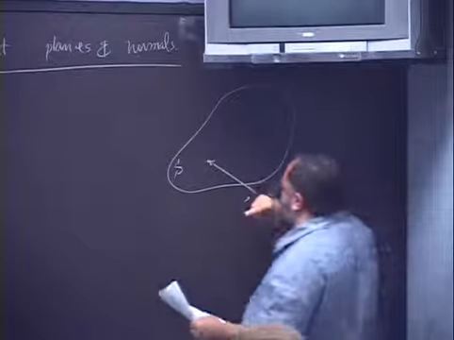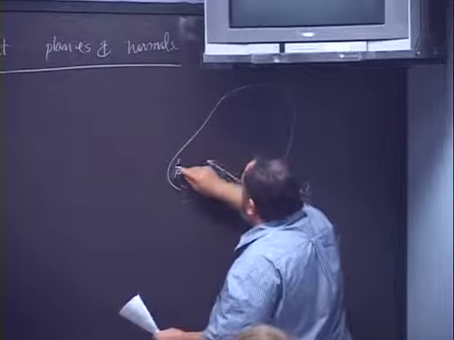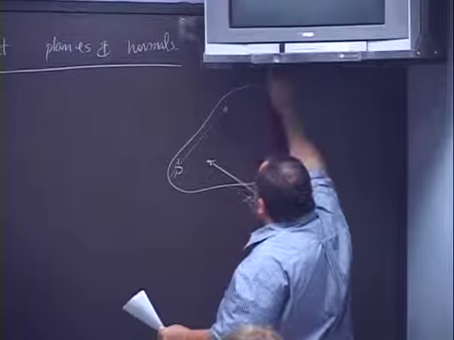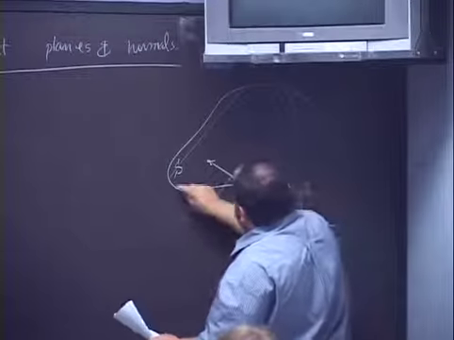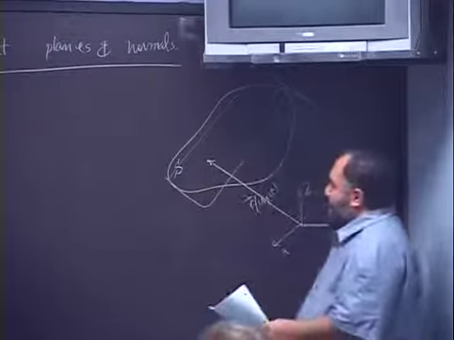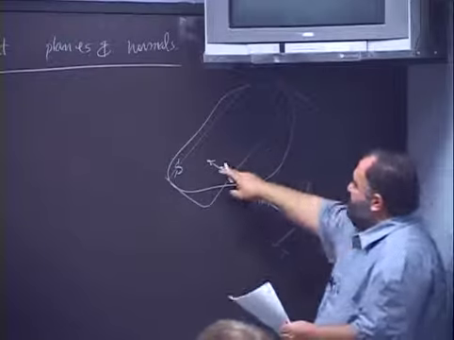We can plot a plane that passes through this point and is tangent to the surface at this point.